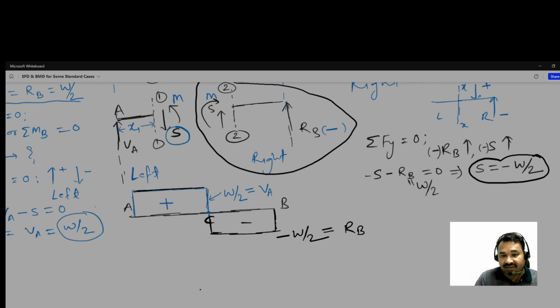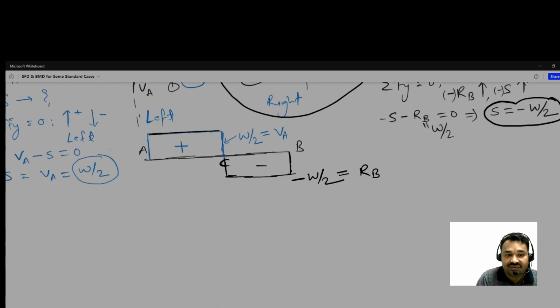So the SFD we have done, and this is the SFD, the shear force diagram.